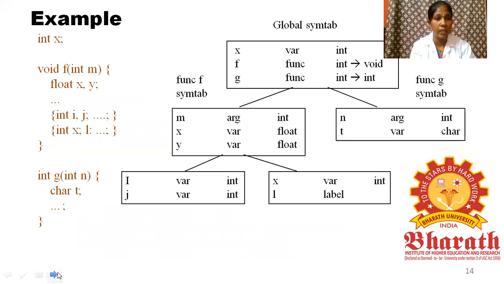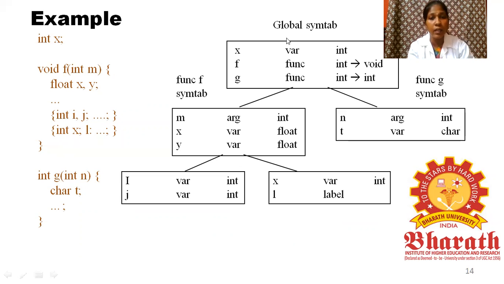Int x is a variable declared first. Next, void f is a function, int m is an argument, and float x, y are again variables defined as float. Then int i, j and again int x, semicolon, l colon. L colon is nothing but a label. Next, int g is a function, int n is an argument, and t is a variable again.